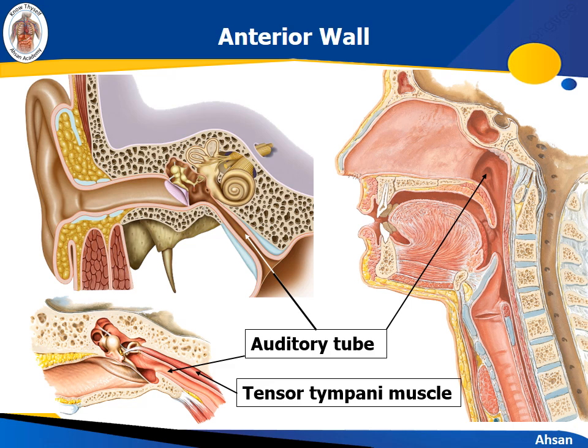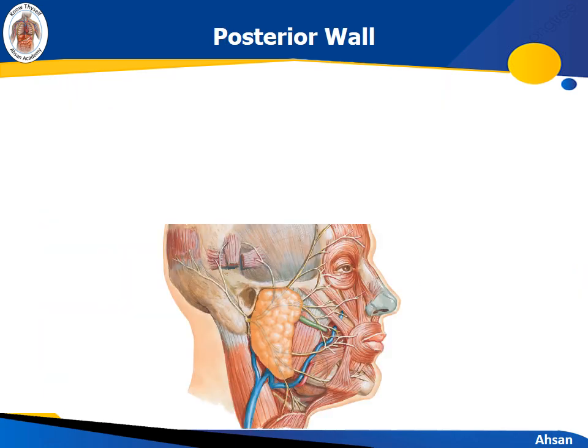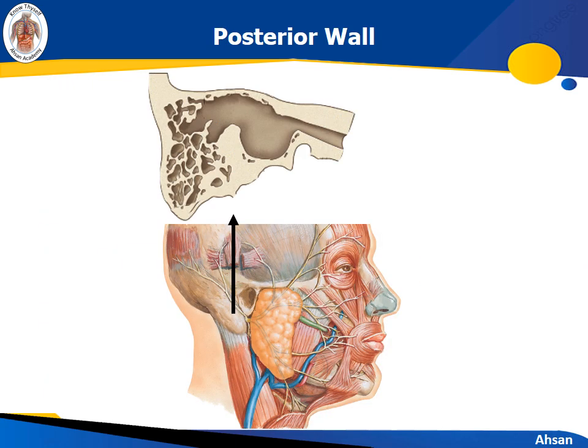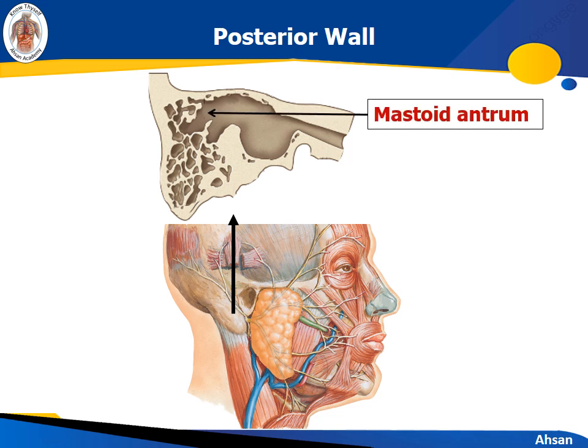The second opening contains a muscle. This is the tensor tympani muscle. You can see in the figure the tensor tympani muscle is coming out and the tendon is inserted. The posterior wall is also very narrow, but its importance is that through it the middle ear cavity is connected to the cavity present in the mastoid part of the temporal bone.